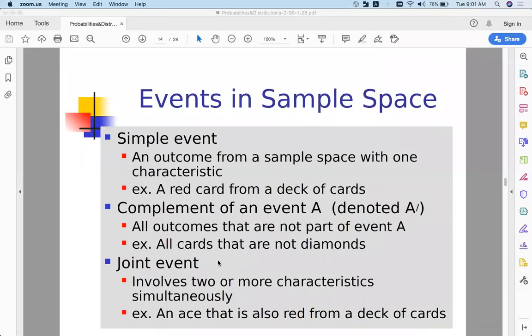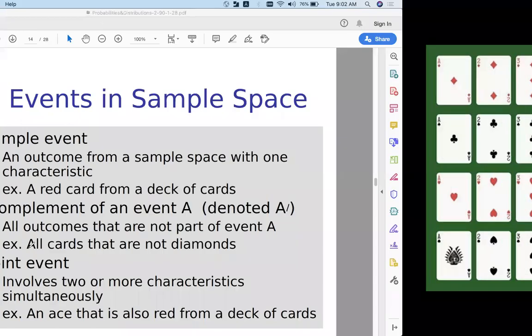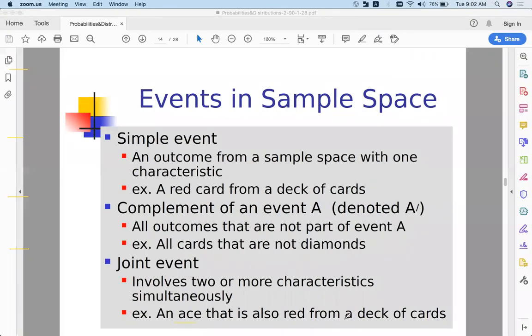A joint event is where we are having confusion. It involves two or more characteristics simultaneously. An ace that is also red from a deck of cards. How many aces are there first? You have ace, ace, ace, ace. They are also asking that it is also red.